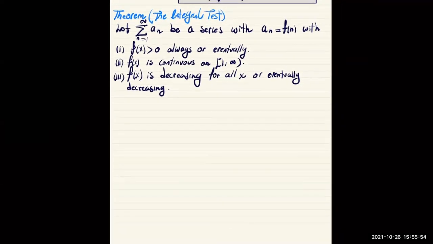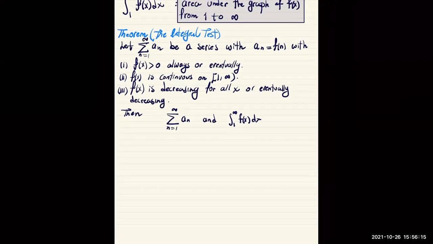Okay, then the integral test says that the series and the integral both converge or both diverge.